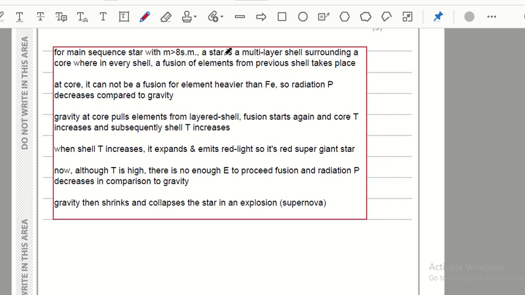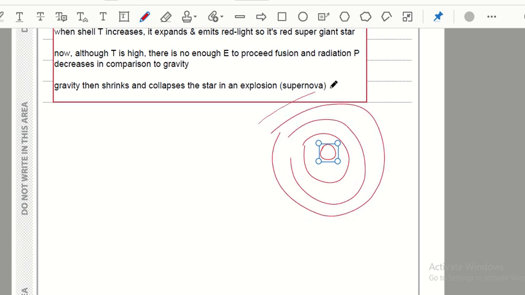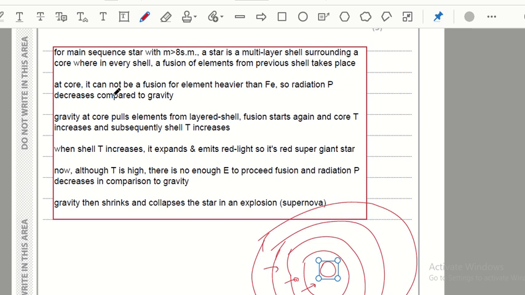It is firstly a multi-layer shell surrounding a core, where in every layer there is a fusion of elements that come from the previous layer. Okay, at the core there cannot be a fusion of elements heavier than iron.